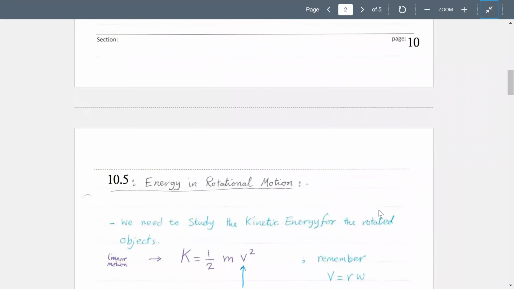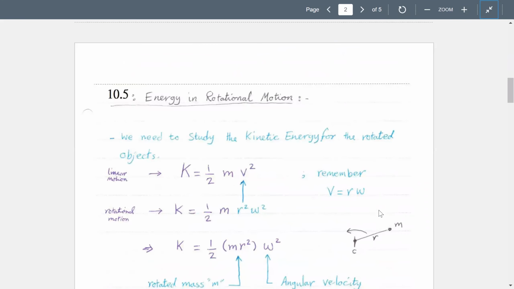Here we will deal now with the kinetic energy before talking about Newton's second law. I think we can start by studying or discussing Newton's second law of rotational motion today. Okay.